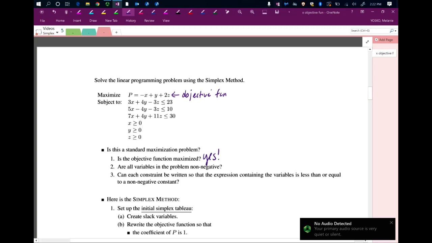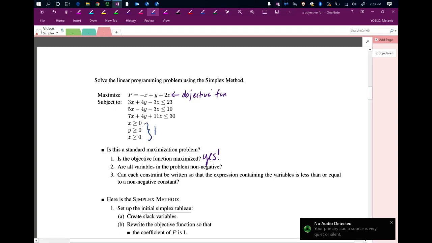And it says, are all variables in the problem non-negative? We'll look at x greater than or equal to 0, y greater than or equal to 0, z greater than or equal to 0. Remember, we classify numbers three ways according to sign: positive, 0, and negative. So if something is not negative, it's 0 or positive.